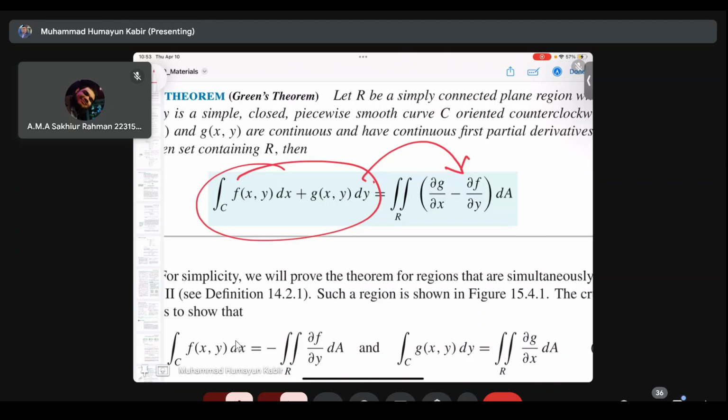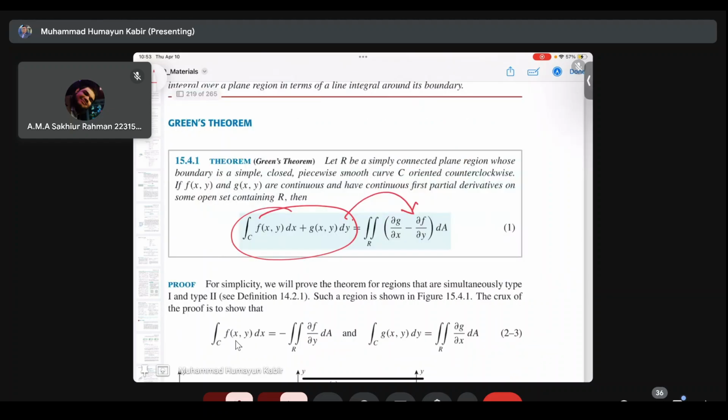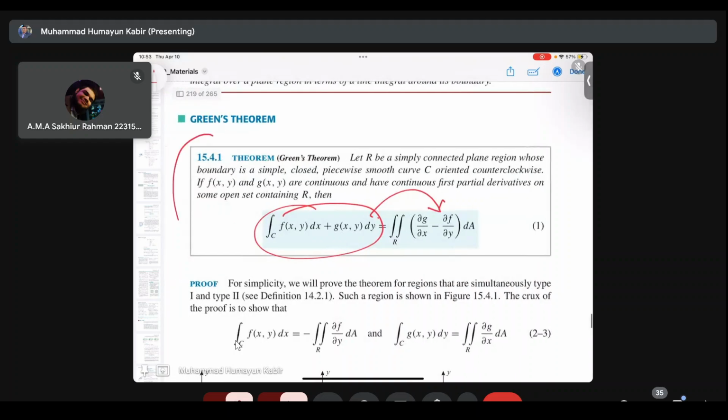According to Green's theorem, we can transfer this very special type of line integral, not a typical line integral, to a standard double integral. That you have to understand first. Understood? And you must know the statement of this Green's theorem.